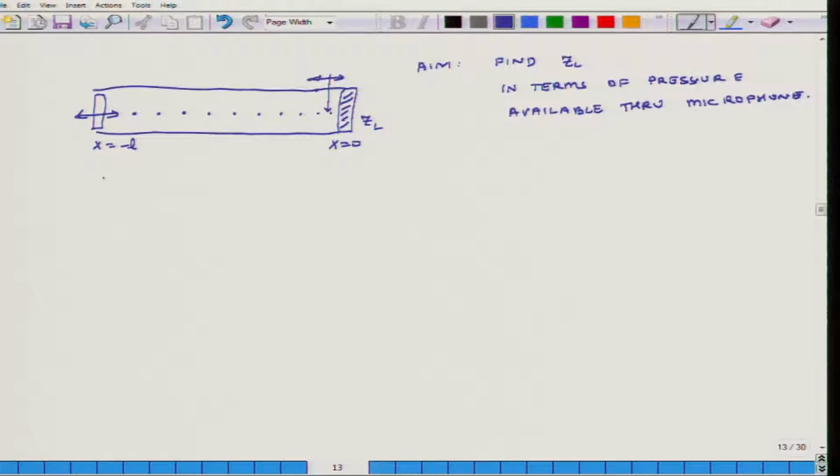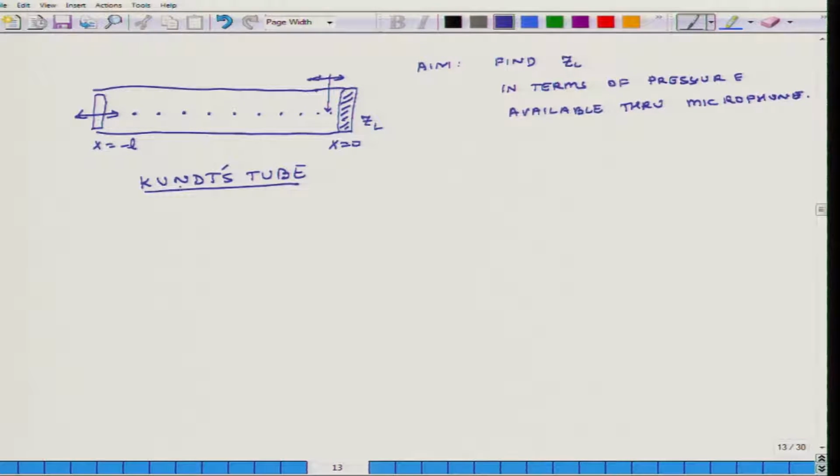So, this type of apparatus is called a Kundt tube. What is a Kundt tube? Essentially it is a pipe, and at one end you have a sound source. So, I excite sound in the pipe. At the other end I can block it with the material whose ZL we do not know, and our aim is to find ZL.